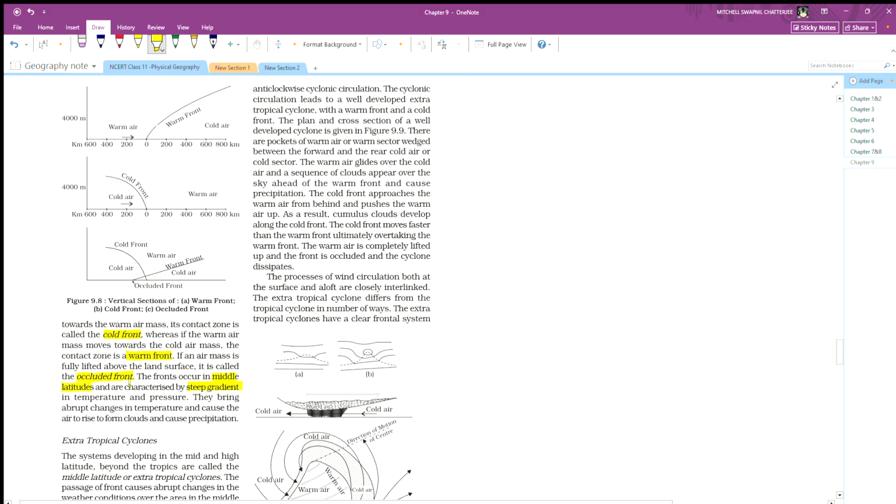They bring abrupt changes in temperature and cause the air to rise to form cloud and precipitation.